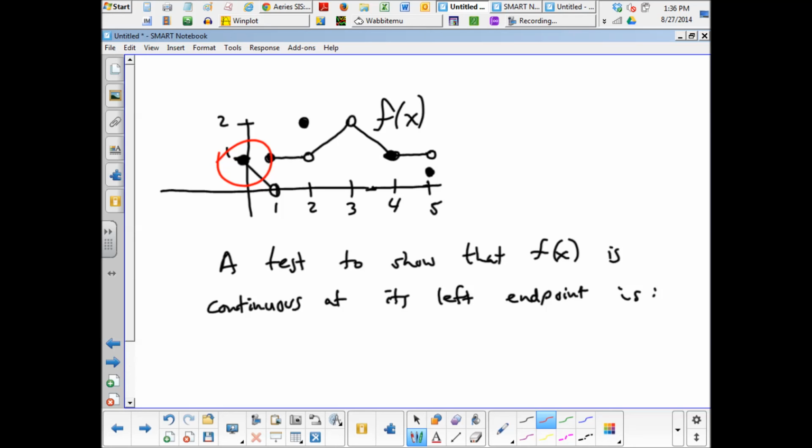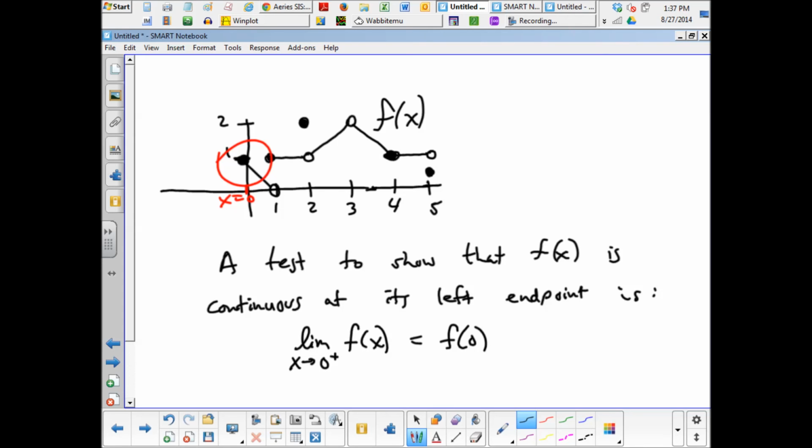So what was the rule about endpoints? The limit and the point. Well, there's no limit there. There's a one-sided limit. The limit on the right matches f of a, right? Okay, so the rule is, since we're at x equals 0, right here, we need to show that the limit on the right side of 0 is equal to f of 0.